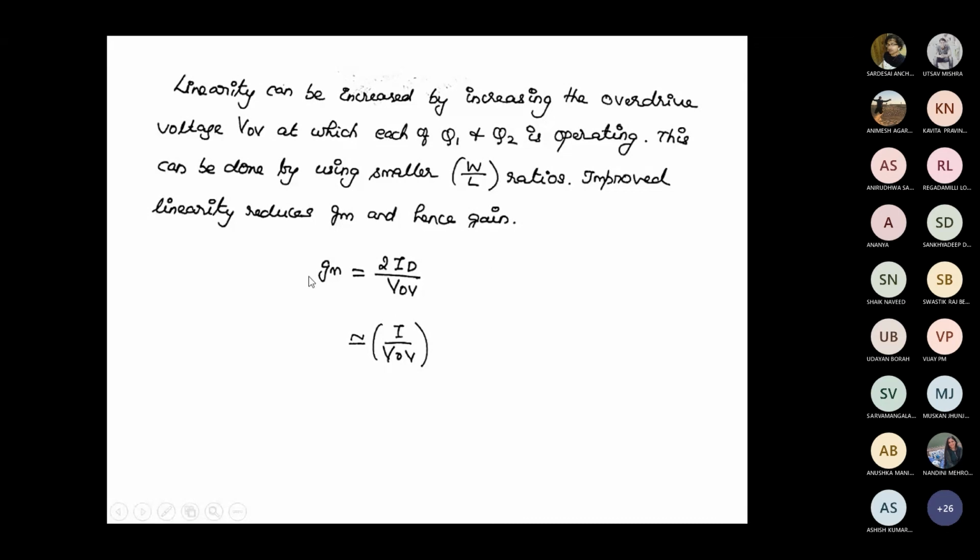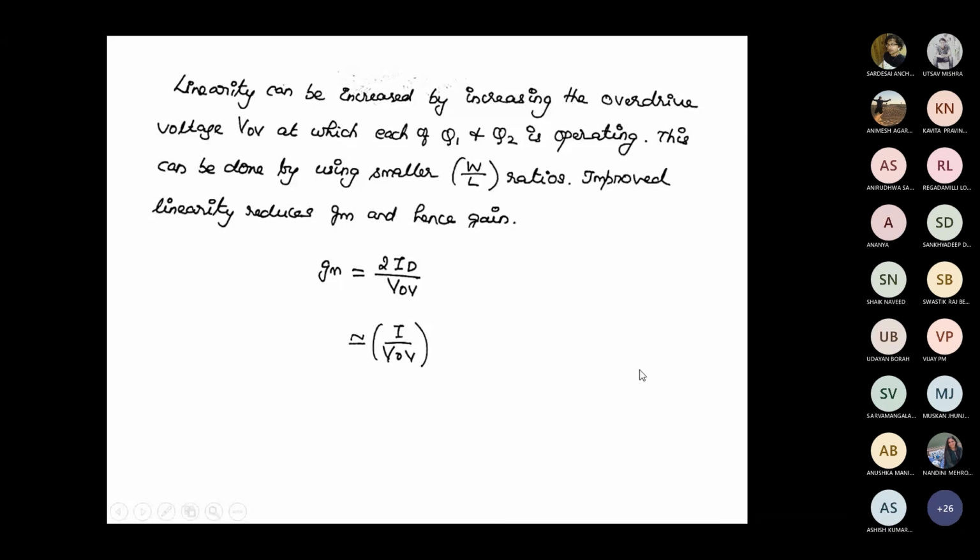So now we have to take proper care to balance between the overdrive voltage and VID. VOV can't be too high, or VID should be less. This equation we have already studied, gm equal to 2 ID by VOV. So these are the possibilities to increase the linearity of the differential amplifier.